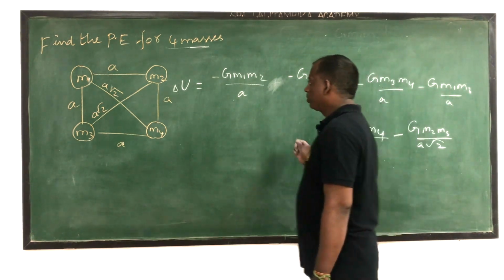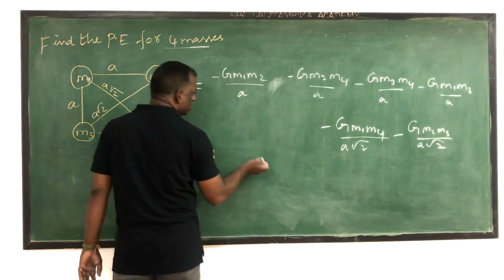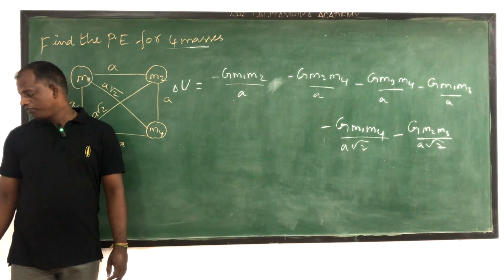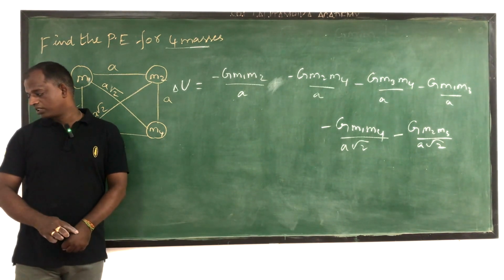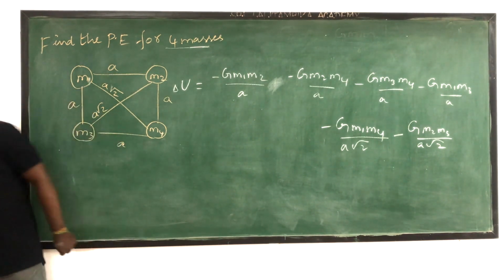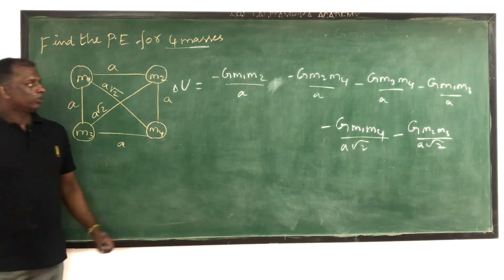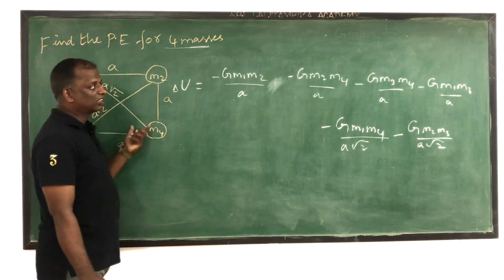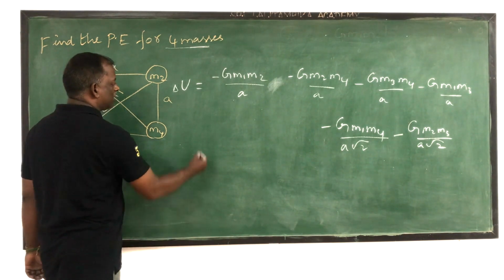So if we solve this, we will get the potential energy of 4 different masses. It is very simple.